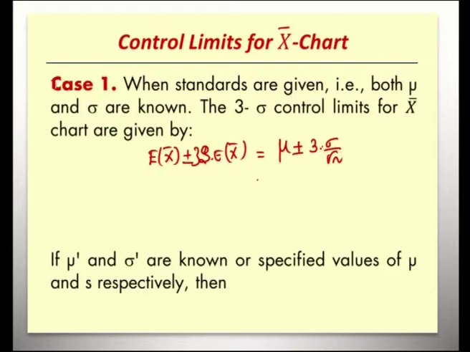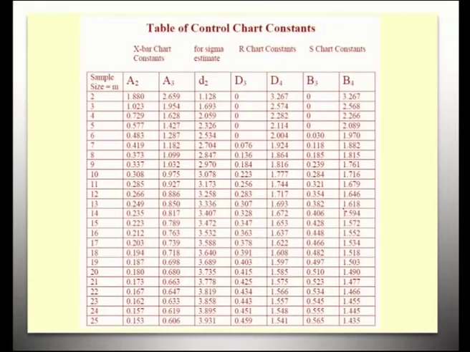So, if you just take it as mu plus A into sigma, where the A value is 3 divided by root n. These A values are tabulated in a tabular column for different values of n, n equal to 1 to 25. This is the tabular column which shows control chart constant values.